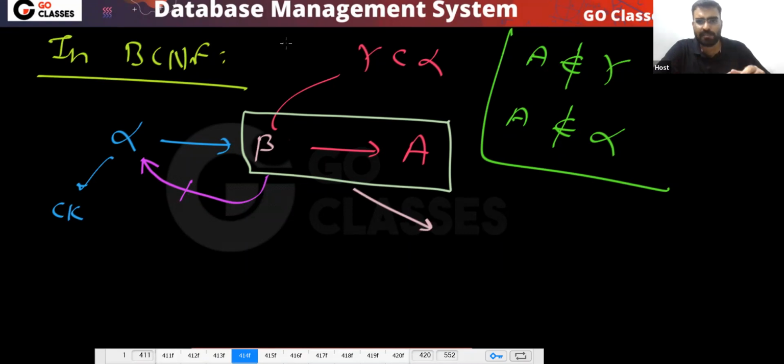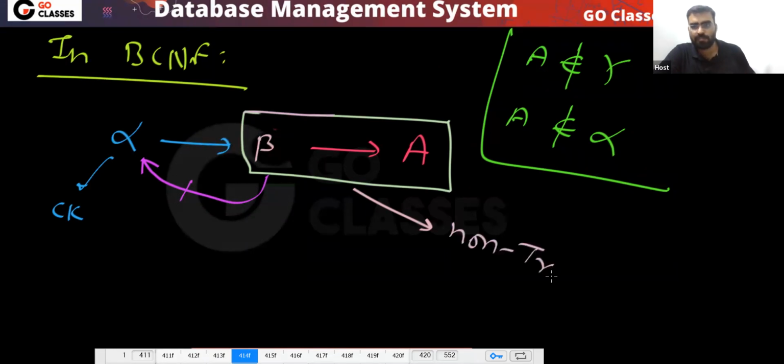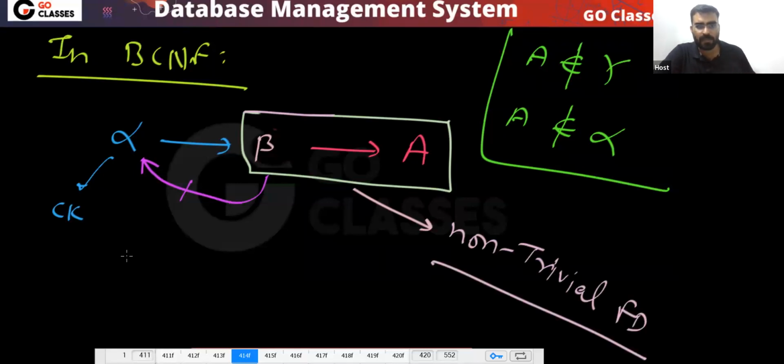Why is this a non-trivial FD? Because A is a single attribute and A does not belong to beta.